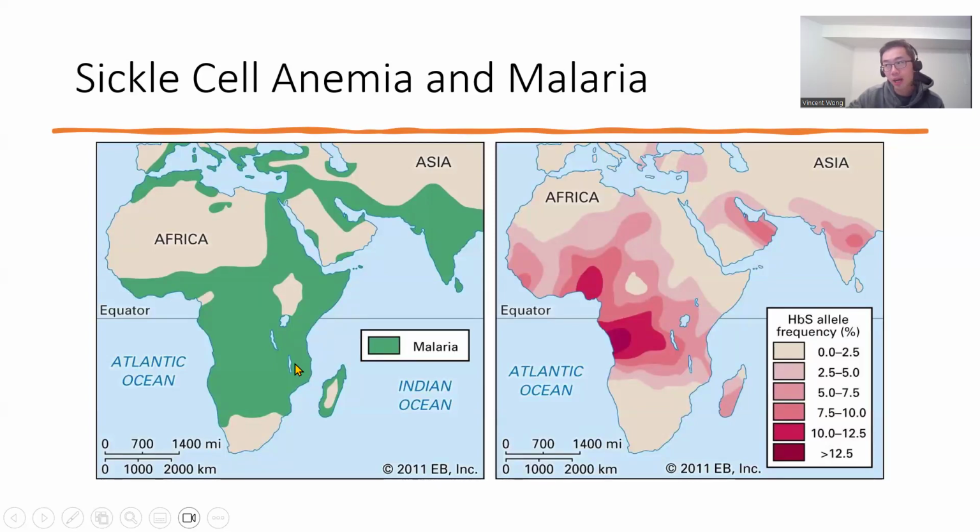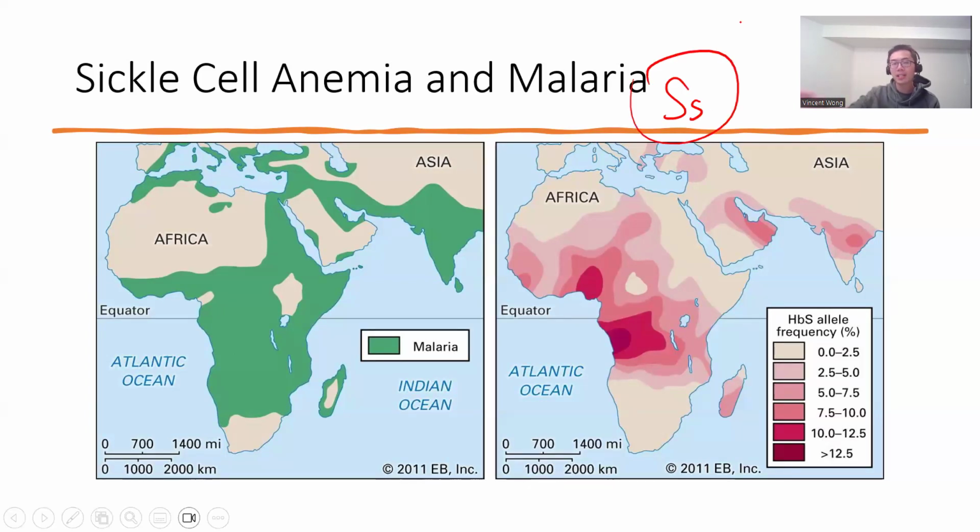But it turns out if you have sickle cell anemia, you are protected from malaria. What's really interesting is if you look at the genetic makeup of populations found in places with a lot of malaria, the majority of the population is big S, small s.